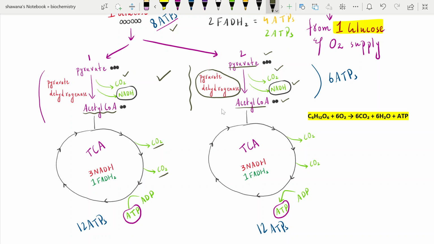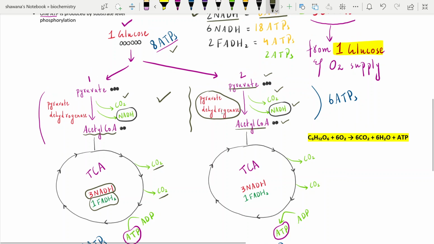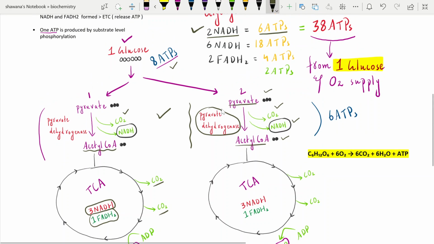So how many NADH are formed in one Krebs cycle? 3 NADH are formed, and also the energy reservoir compound FADH2 is formed. How many FADH2? It's one FADH2. 3 NADH and 1 FADH2 are formed in one Krebs cycle. So 3 NADH from one and 3 NADH from the other.